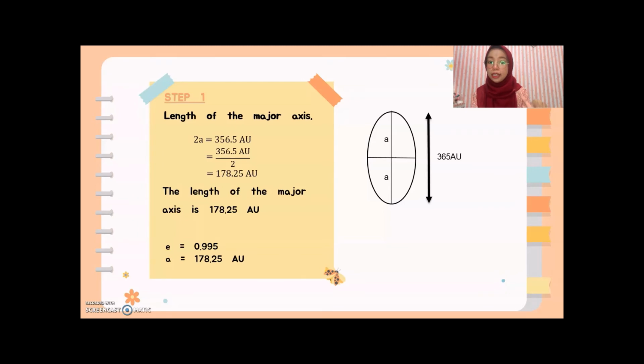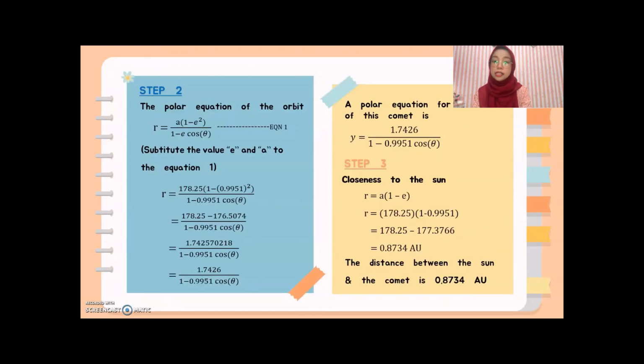So the length of the semi-major axis is 178.25. We have the information that e equals 0.995 and we get a equals 178.25. Step 2, the polar equation of the orbit.